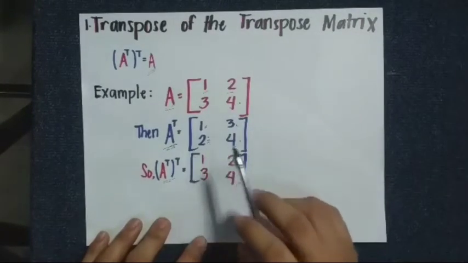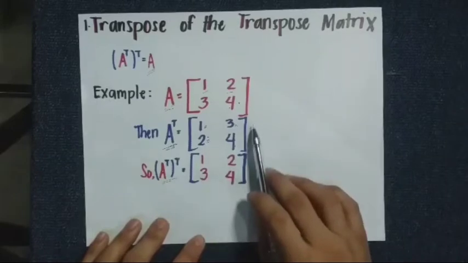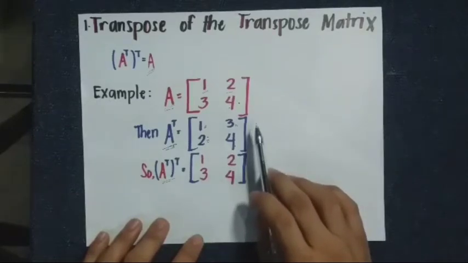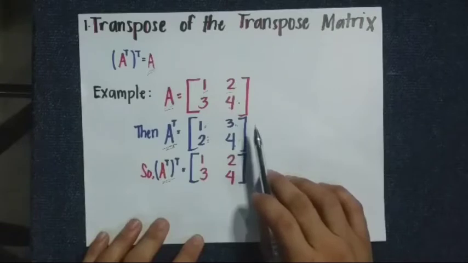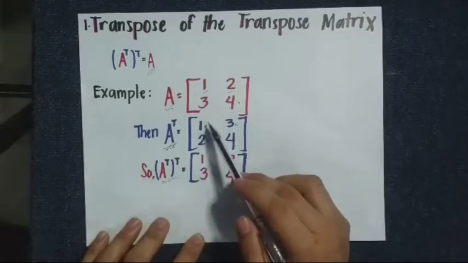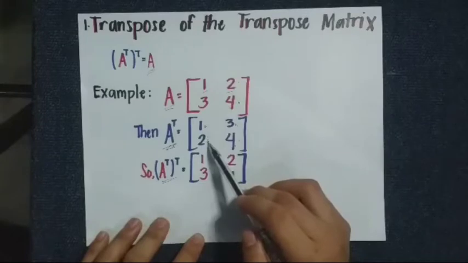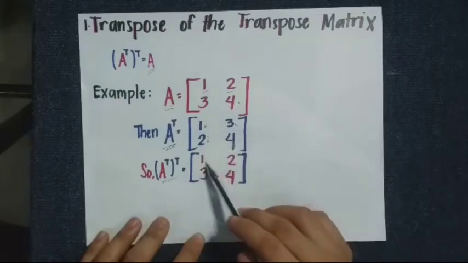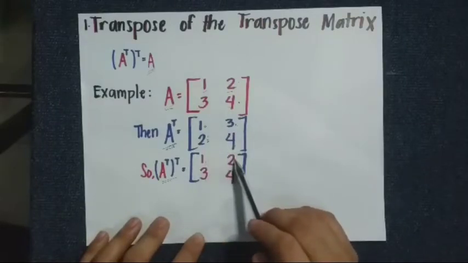In order for us to get the transpose of transpose A, we have to take the same procedure, which is to take the first row of the matrix, which is 1, 2, and make it the first column of the transposed matrix. So we have now here the 1 and 2 as the first column of transpose A.